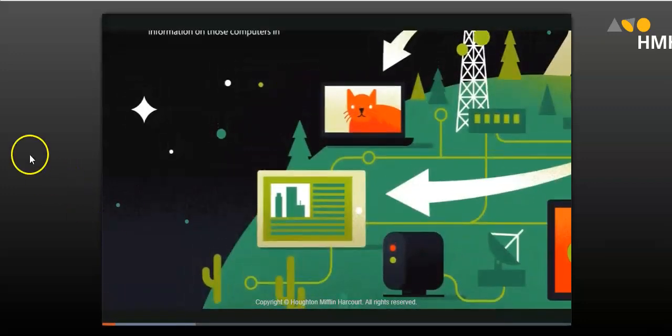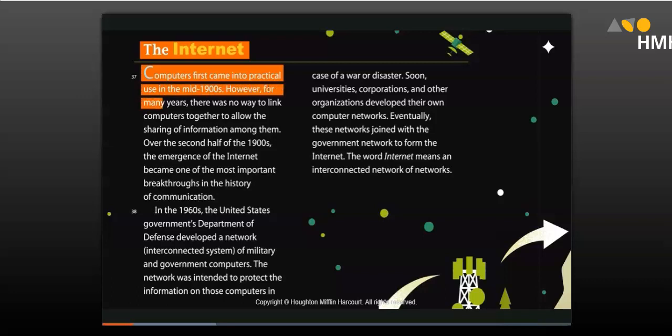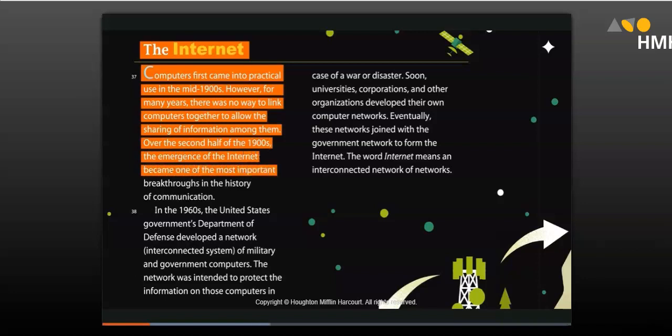Let's look at this page from the History of Communication. The Internet. Computers first came into practical use in the mid-1900s. However, for many years, there was no way to link computers together to allow the sharing of information among them. Over the second half of the 1900s, the emergence of the Internet became one of the most important breakthroughs in the history of communication.